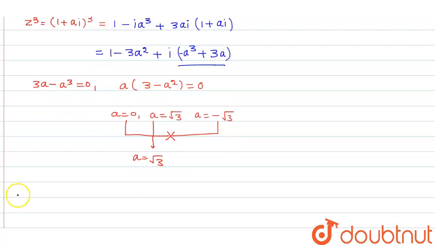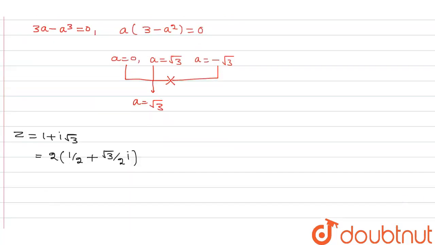Now z is equal to 1 + i√3. Just multiply and divide by 2, so you get 2(1/2 + (√3/2)i).